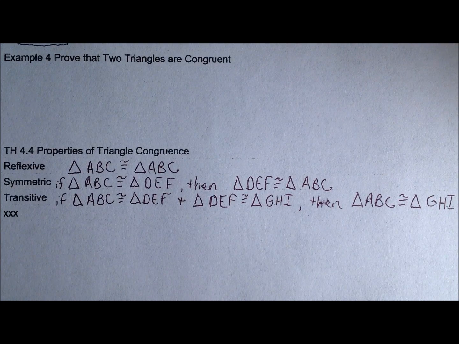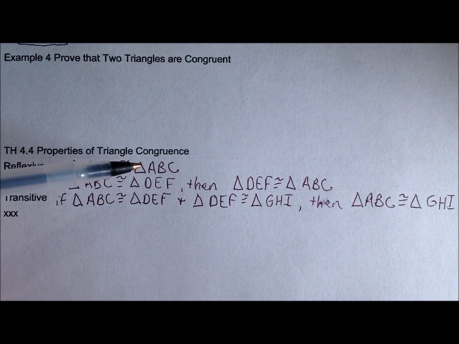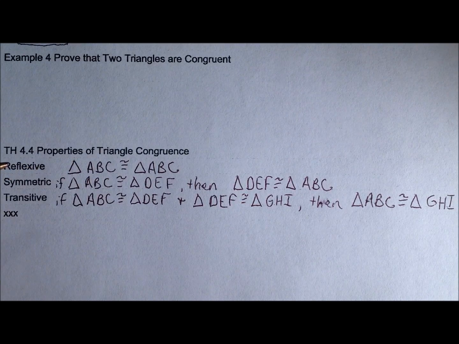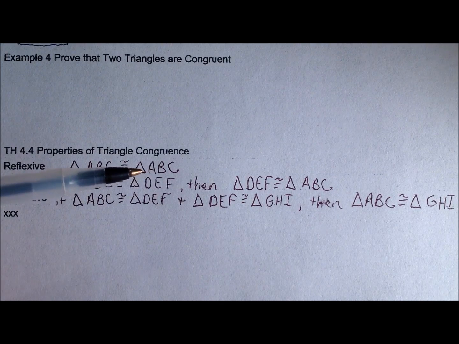So for the first one, triangle ABC is congruent to triangle ABC. It's congruent to itself. So one way to help remember this is reflexive, close to the word reflection, you see yourself in the mirror. Same way here, it is congruent to itself.